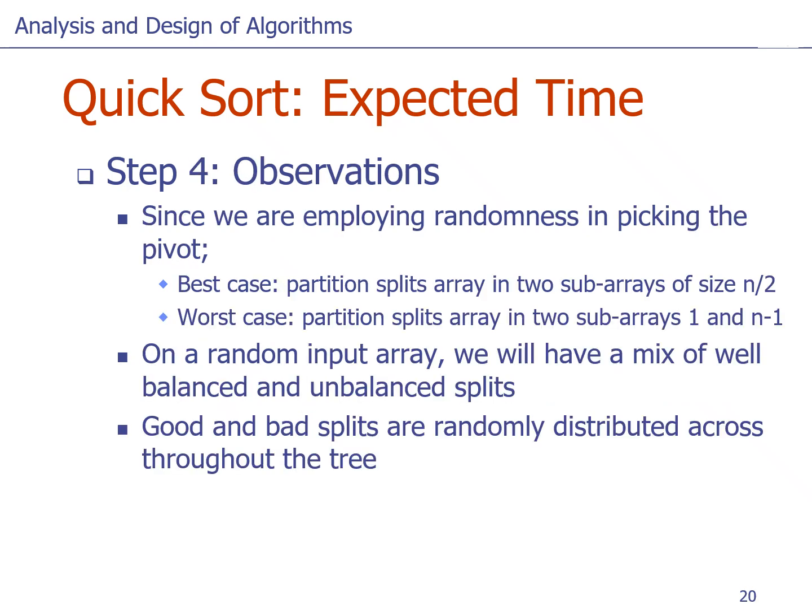So what are my observations? If you think of a set of numbers and you're rolling a dice to get a value between 0 and n minus 1, and that is going to be your pivot, ideally, what do you want?